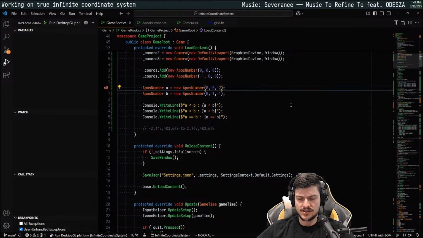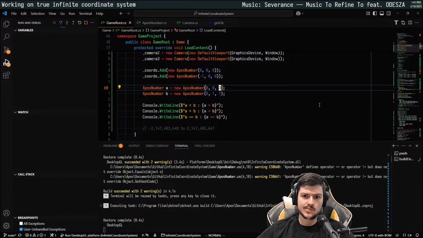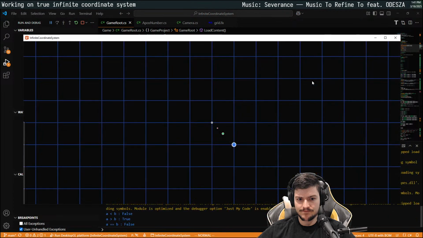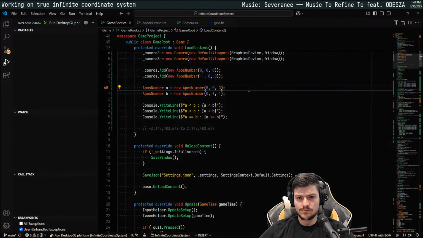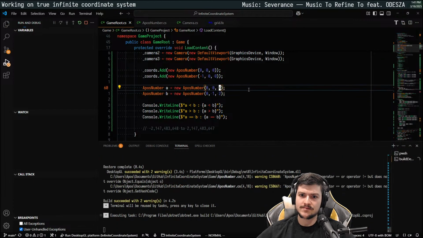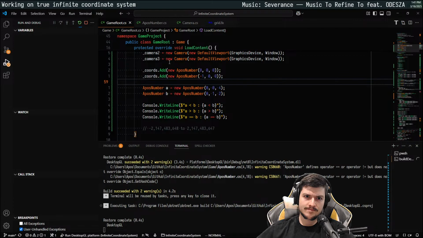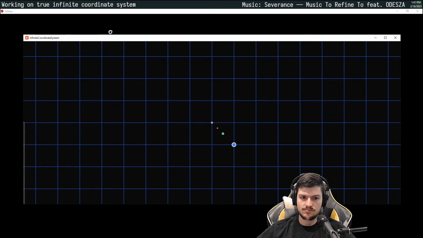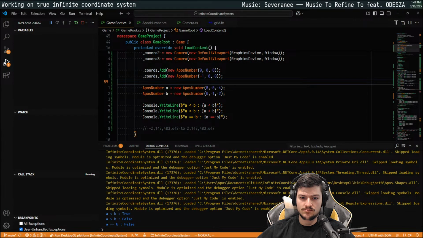A is considered smaller. Now A is considered bigger. To 4 maybe. A is smaller.